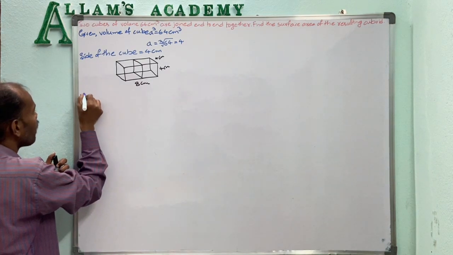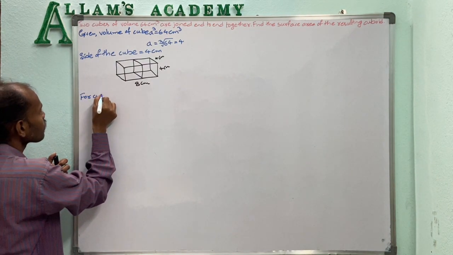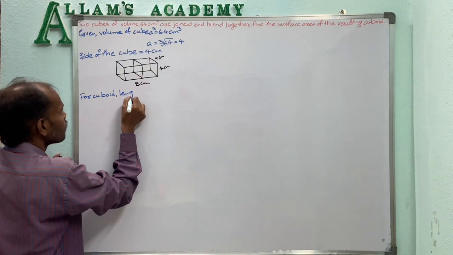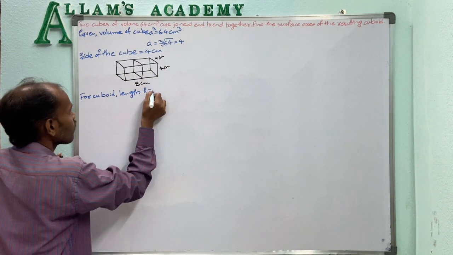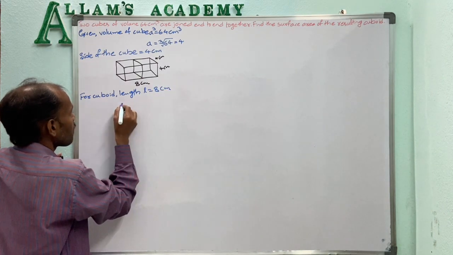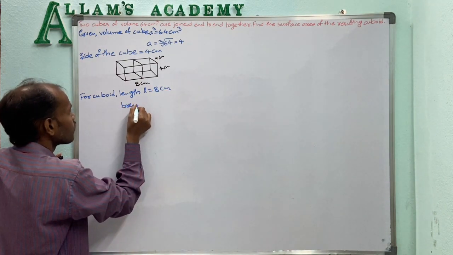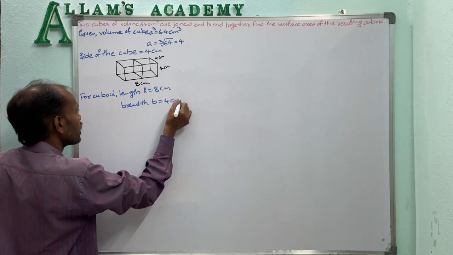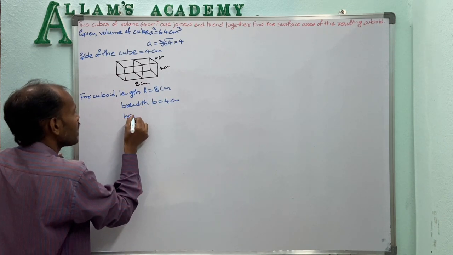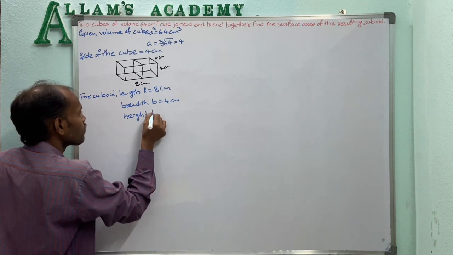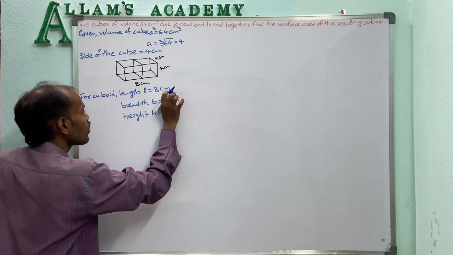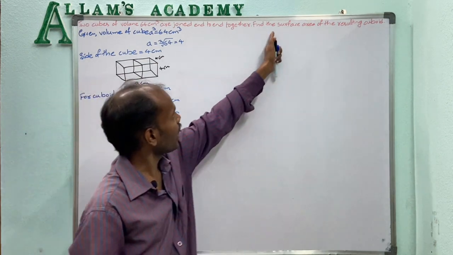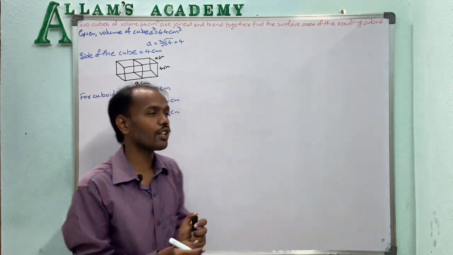So for the cuboid, length L equal to 8 centimeters, breadth B equal to 4 centimeters and height H equal to 4 centimeters.